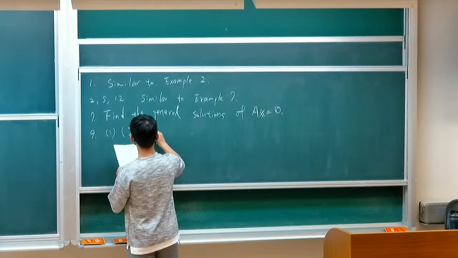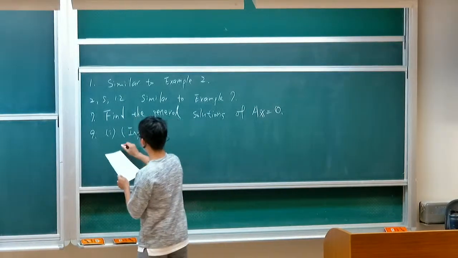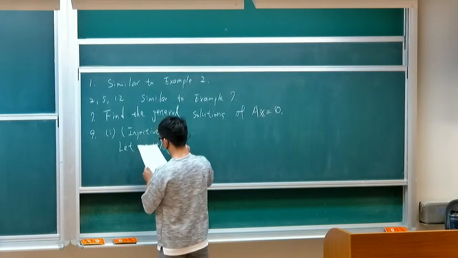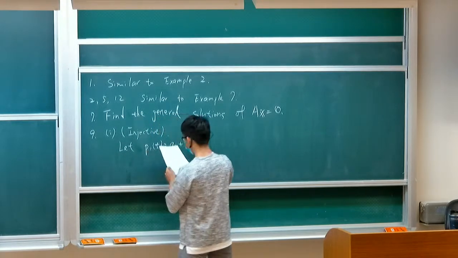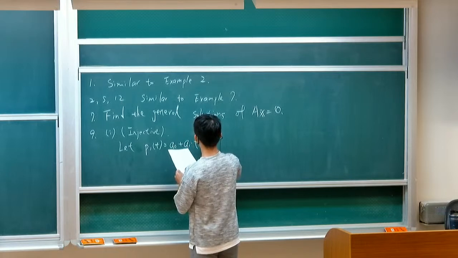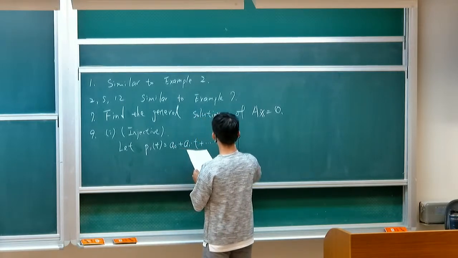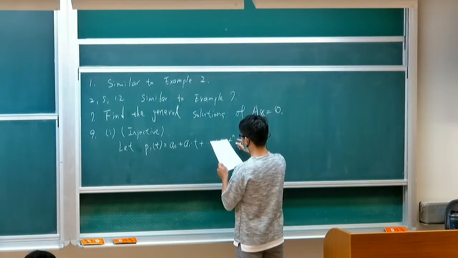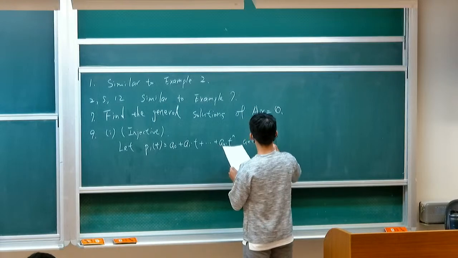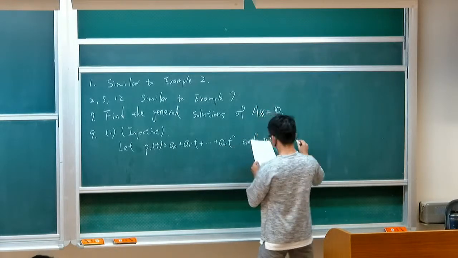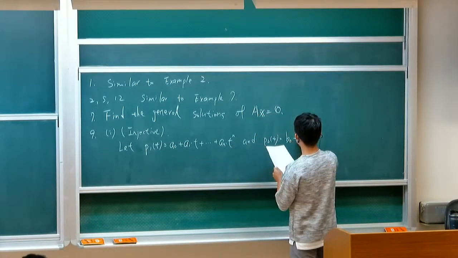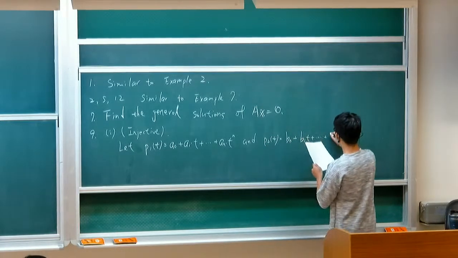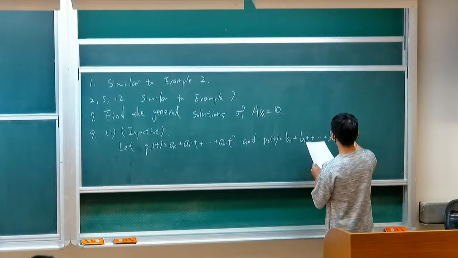To show that L is injective, let P1 of t equal A0 plus A1 times t plus all the way to An times t to the power of n, and P2 of t equal B0 plus B1 times t plus all the way to Bn times t to the power of n.